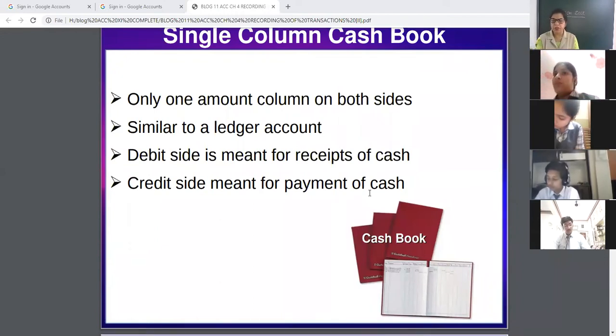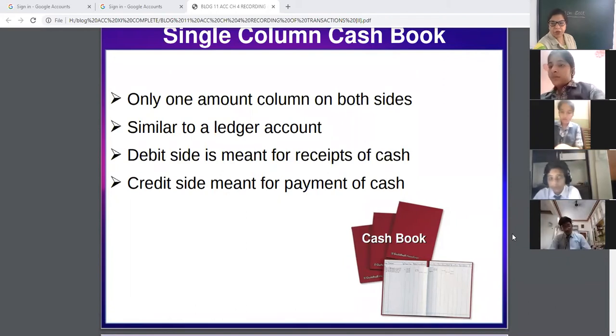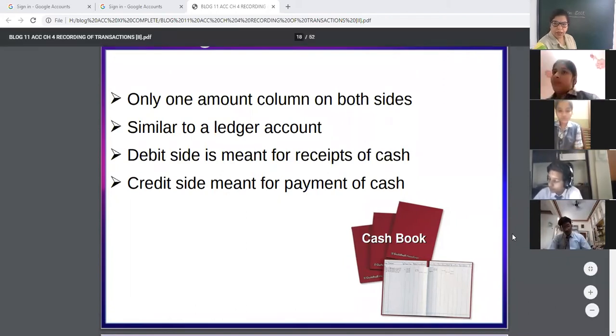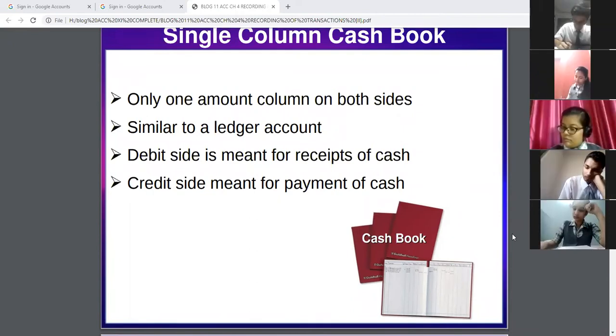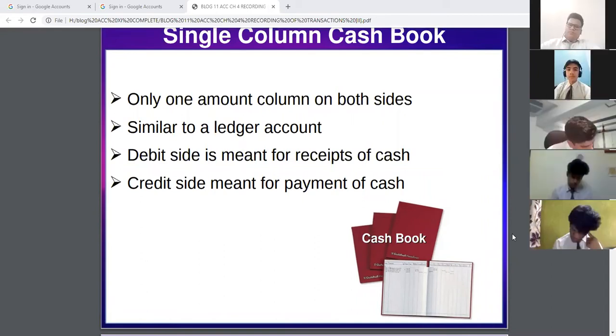Krish Gupta, please note down. Single column cash book means one column for amount, and debit is for receipt of cash, credit is for payment of cash.